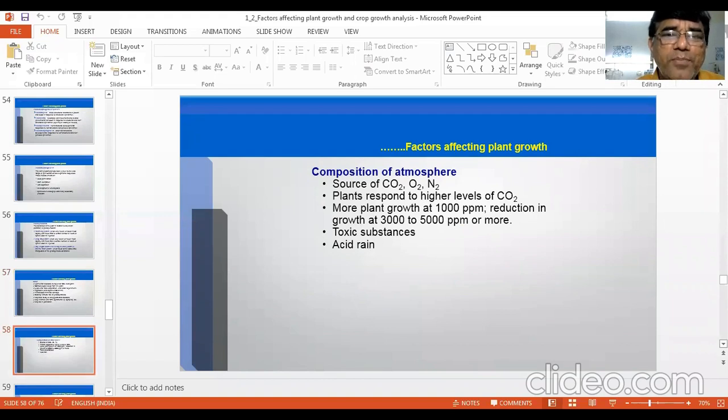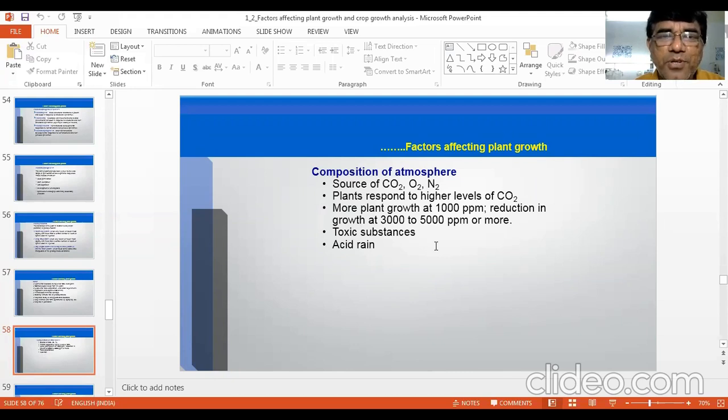Now, composition of the atmosphere. If you remember, plants want WATS, and in that, A is for atmosphere or air. You know now air is getting rich in carbon dioxide. CO2 concentrations are increasing in the air and global warming issues are coming up. People have done some experiments on our crop plants.